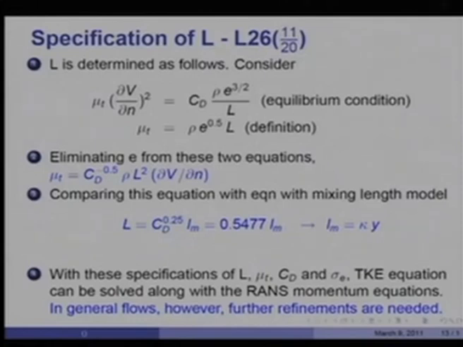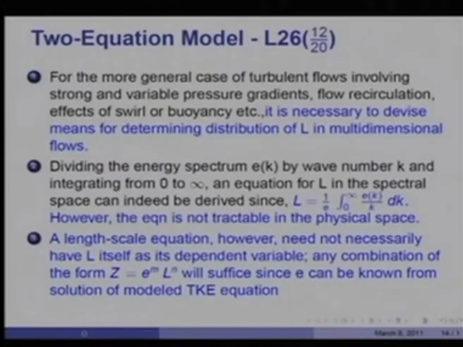Although the kinetic energy equation can take care of the non-coincidence of zero velocity gradient and the shear stress, it is not a very good approximation in some other situations, as we shall see shortly. For the more general flows involving strong and variable pressure gradients, or even recirculations or swirl or buoyancy effects, it is necessary to devise means for determining distribution of L in a multidimensional flow.